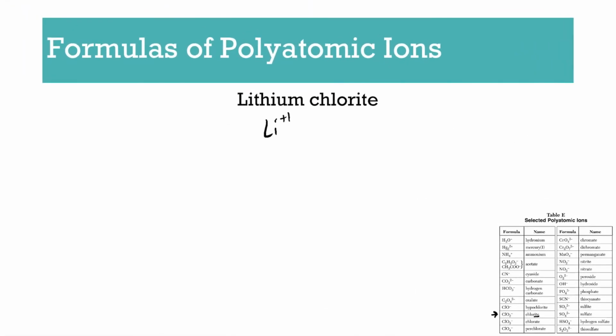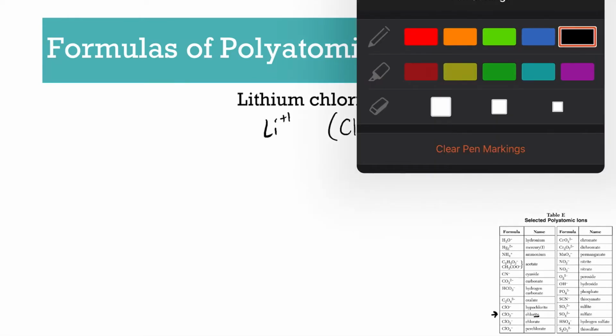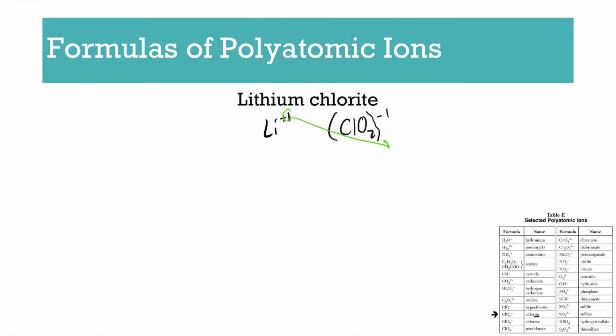But the one that we are dealing with is ClO2 with a -1 charge. Okay. So we're going to crisscross it. 1, 1. And so we get LiClO2. Now, you do have those invisible ones, but remember, you don't need them.